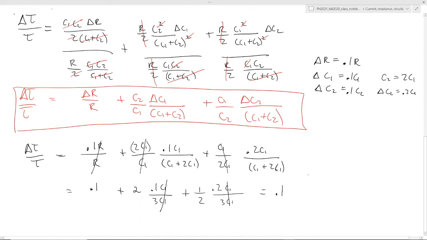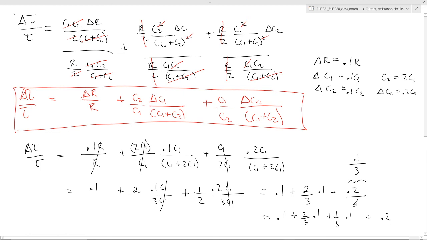We would have 0.1 plus 2/3 times 0.1 plus 0.2 times 1/6. And so this is actually the same thing as 0.1 over 3. So in other words, we have 0.1 plus 2/3 of 0.1 plus 1/3 of 0.1 equals 0.2.